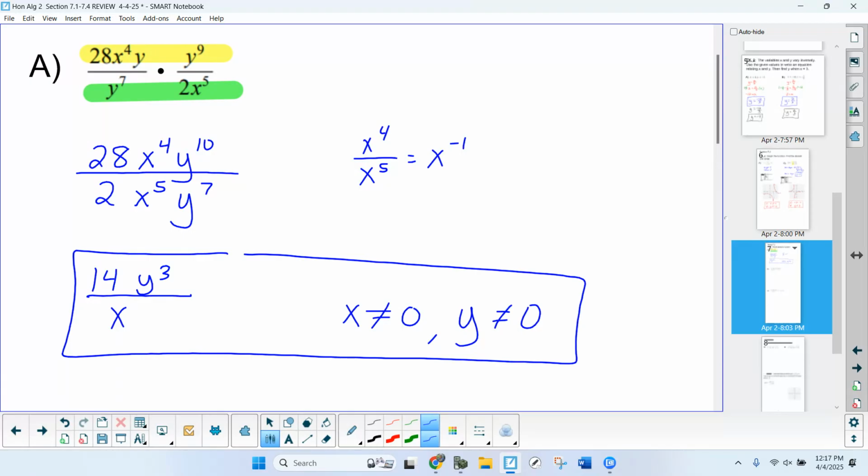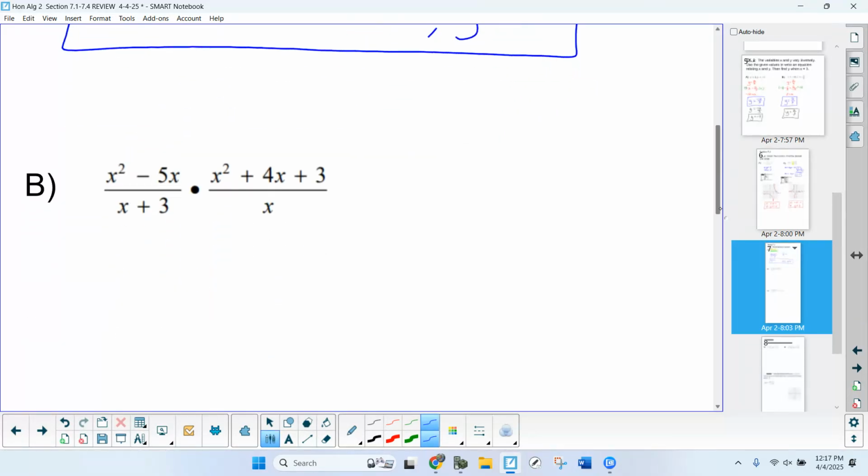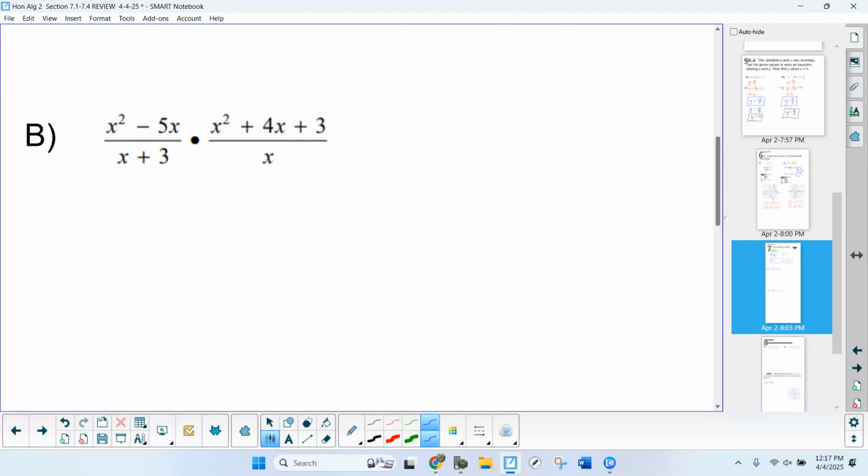Now, after we've been doing all this other stuff, I come back to the multiplication and you kind of go, all right, multiply. Are you really going to multiply these? No. What are you going to do? Factor and cancel. Now, some of you are still having trouble factoring the numerator of the left side.